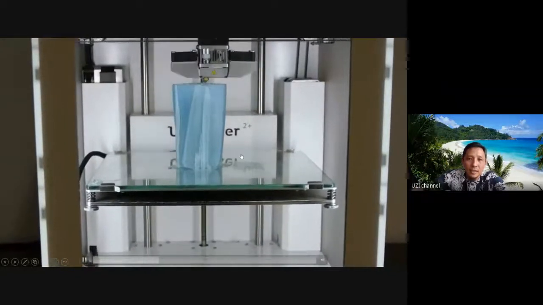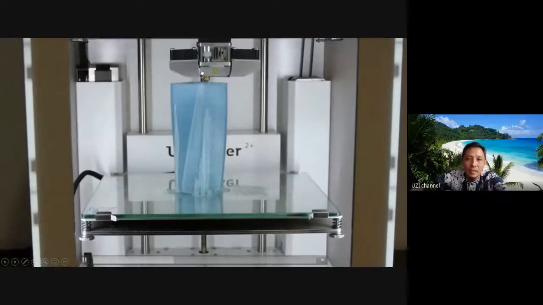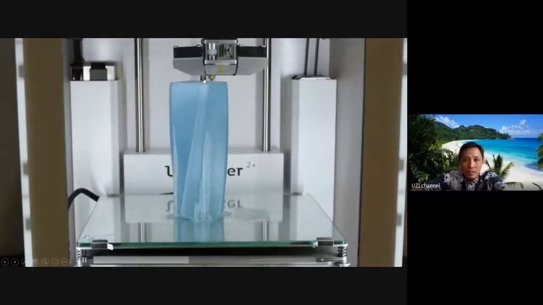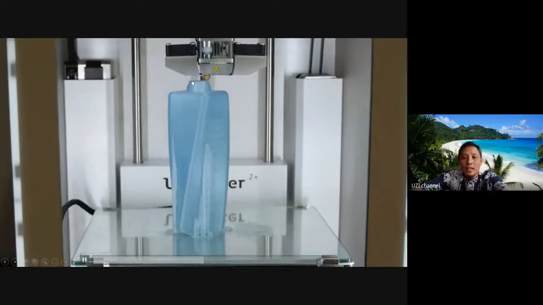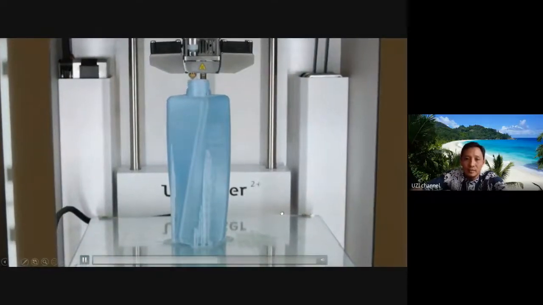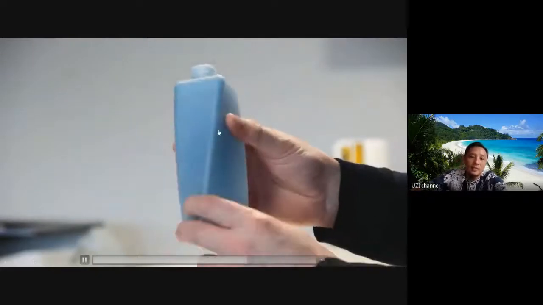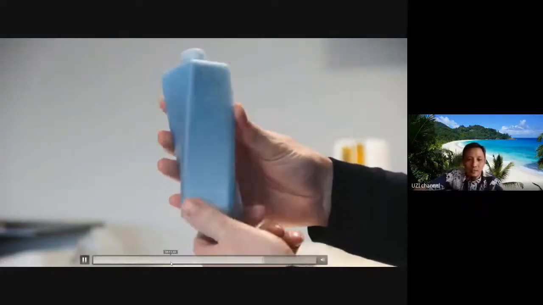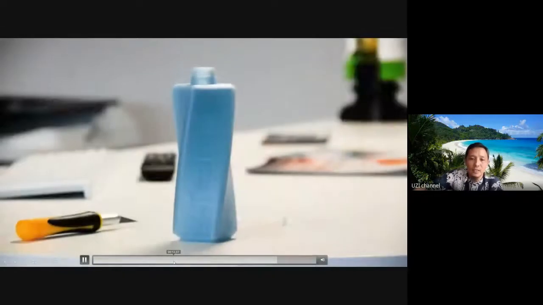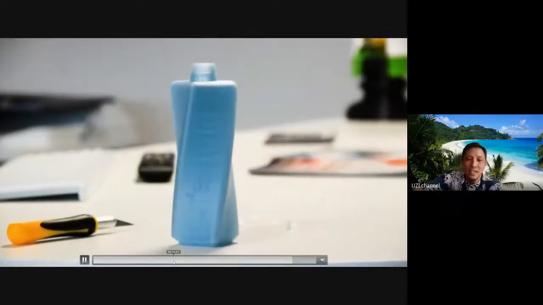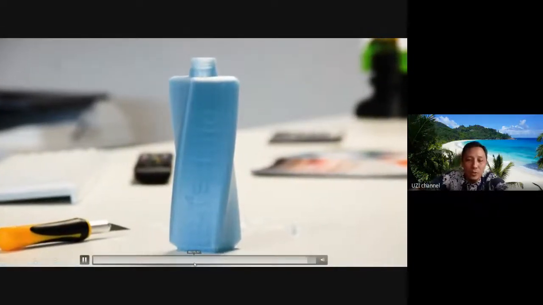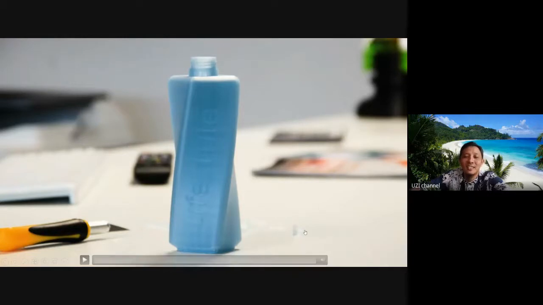The nozzle can move in X, Y directions, but the platform moves in Z direction, and we get this product. But this is sped up; the actual process is not so fast like this. Okay, let's see the next process.